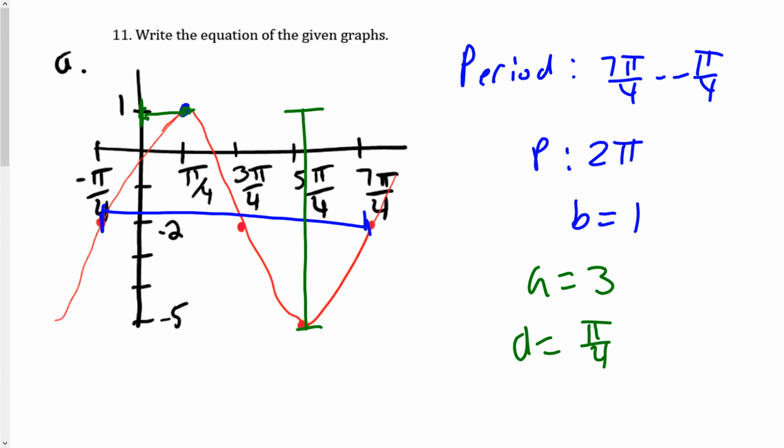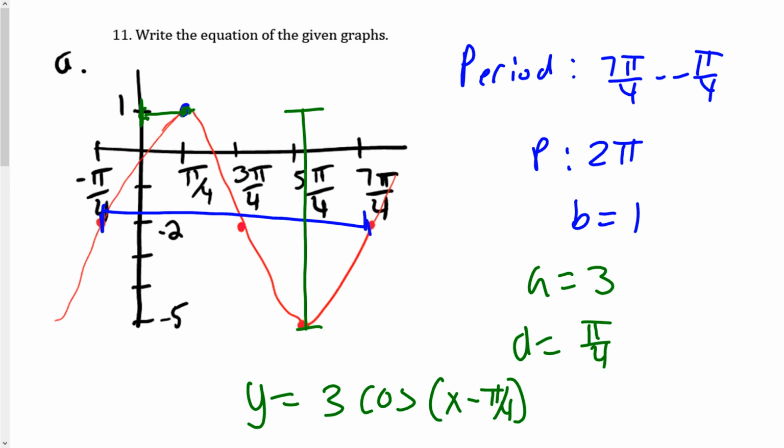And what's going to go in the equation is a negative pi fourths. Maybe that's sounding confusing. I don't know. So our equation is going to be y equals our a times cosine this time, and then our b, which is 1, and then x, and then minus pi fourths.